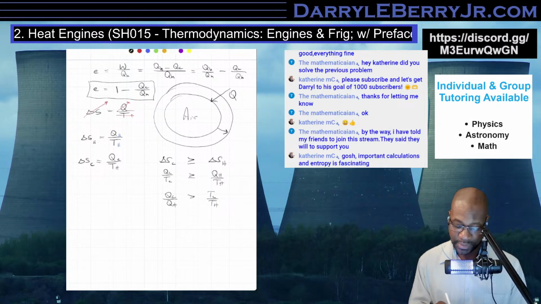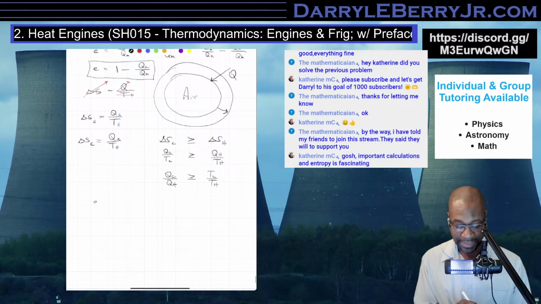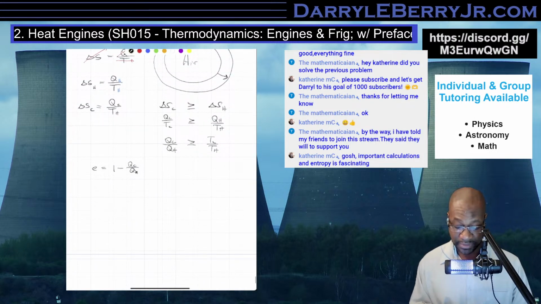Now we're getting closer to the simplification of the efficiency in terms of the temperature of the system. So I'll bring back the efficiency equation and write it over here. We have 1 minus QC over QH. And the way I learned to think about this is you can see we have QC over QH in both of these places.